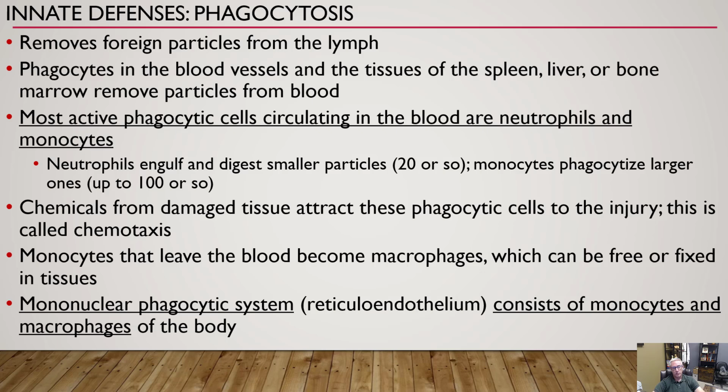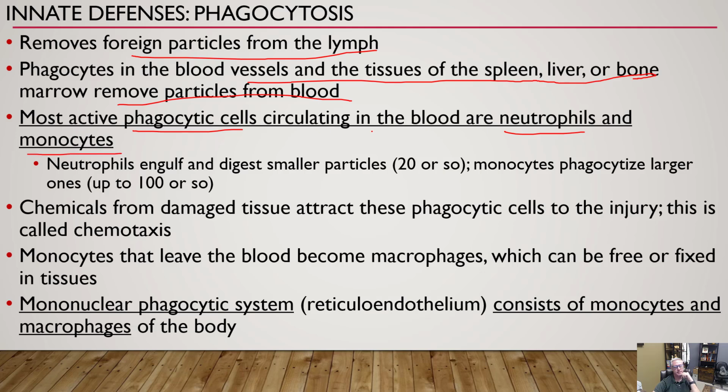All right, phagocytosis. We've talked about phagocytosis several times now. Phagocytosis helps remove foreign particles from the lymph, and it helps in the tissues of the spleen, bone marrow, and liver to remove particles from the blood. But the most active phagocytic cells are neutrophils and monocytes.